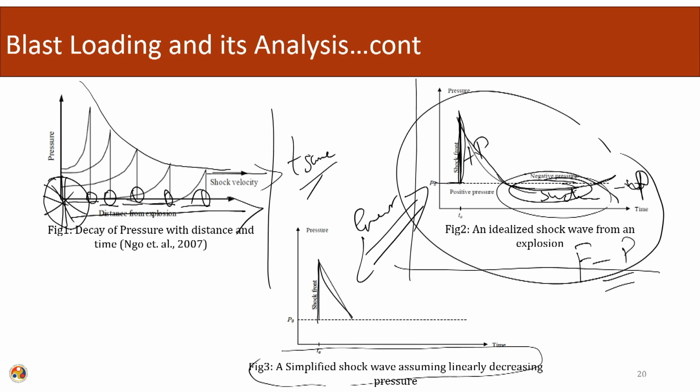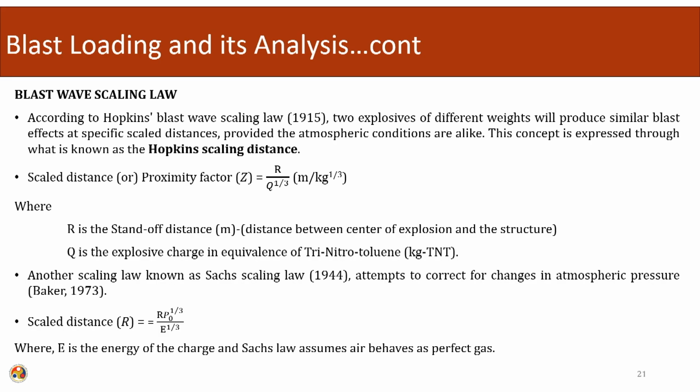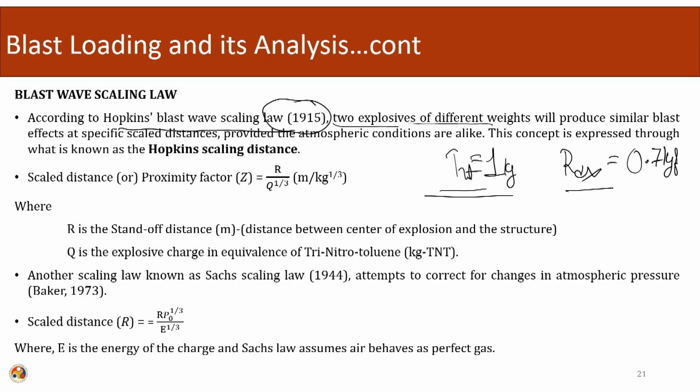Moving ahead, blast wave scaling law. According to the Hopkins blast wave scaling law, in 1915 Hopkins proposed that if there are two explosives of different weights, let us say one is made up of TNT and one is made up of RDX, say 1 kg of TNT and maybe 0.7 kg of RDX, these are different types of explosives, with different chemical composition and different weights.